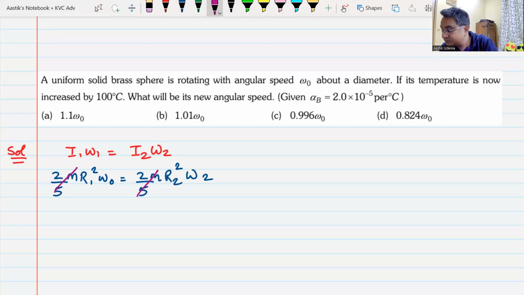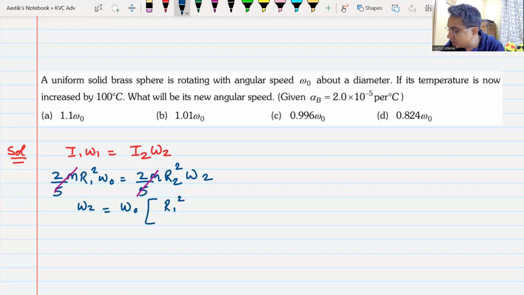So omega 2 equals, the radius is there, it will expand linearly. Yes, well done. So omega 2 will be equal to omega naught into R1 square by R2 square. Yes or no?